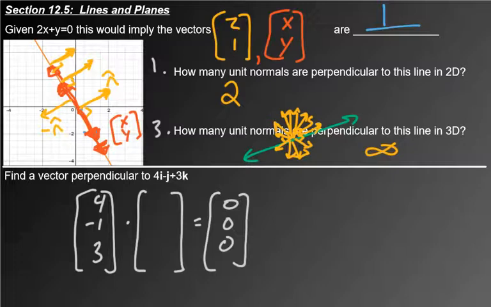And you can do this by setting up an easy dot product. So you could take the x component to be what we're going to solve for, and then you could let the y component be a 1, and the z component be a 1.